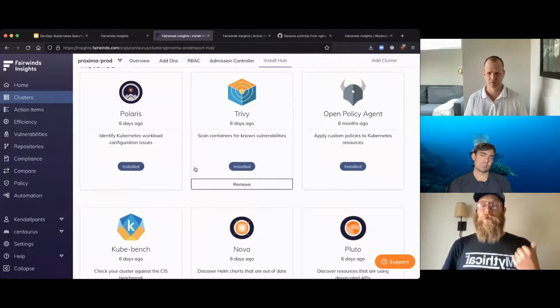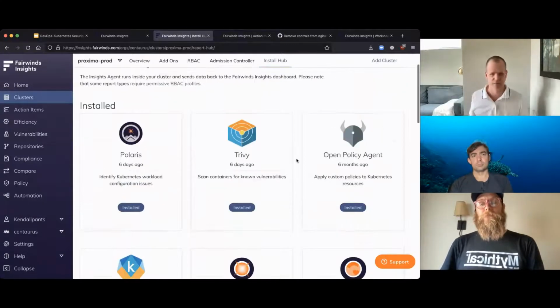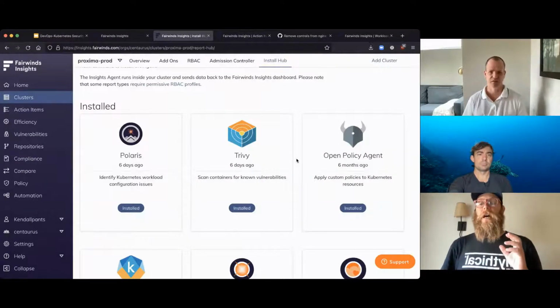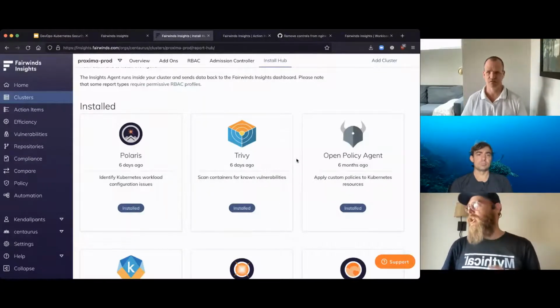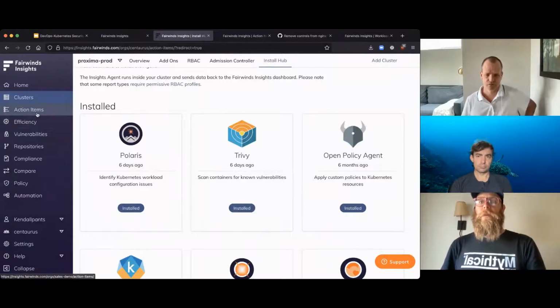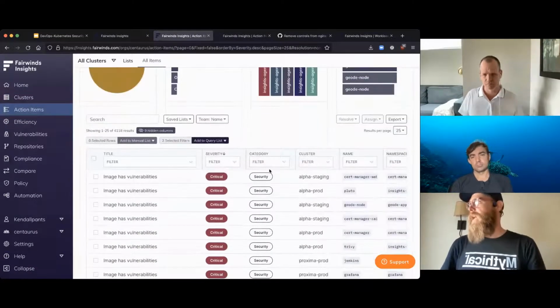And then there's support for Trivy, KubeBench, KubeSec, and we also support Open Policy Agent as well. So this is what's going to make it easy to manage lots of complicated policy at scale across your organization in a uniform way. And when all of these things come together, it rolls up into a big, long list of action items. And this is what that action items page looks like.